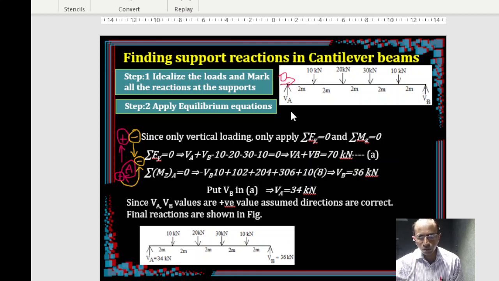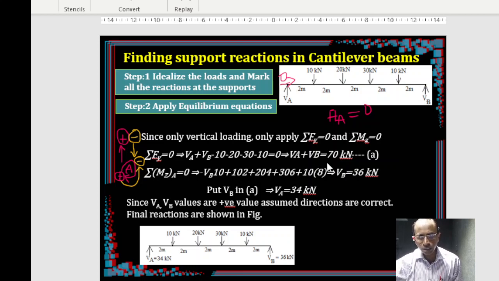HA will be 0, although it may be there. HA is there at a pin support or hinged support, but it is 0 because are there any horizontal loads acting? Are there any inclined loads acting? As long as there is no horizontal load and no inclined load, don't even consider writing the sigma Fx equation. Straight away you can write HA equal to 0. HA means the horizontal reaction at the hinged support. That you can simply put as 0.